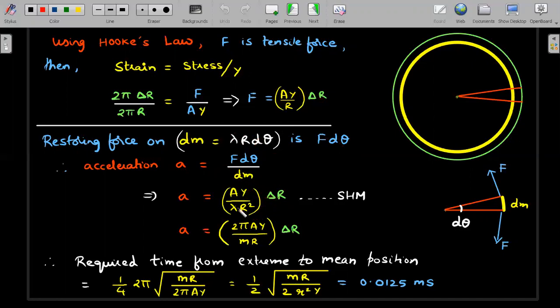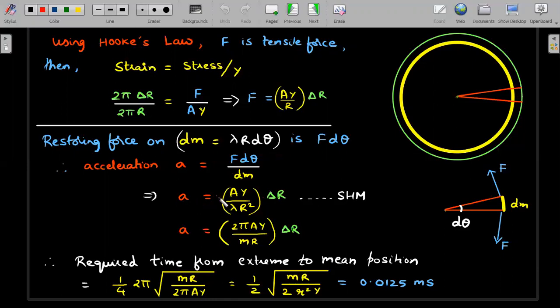Rearranging, you end up getting a equal to this number multiplied by delta r, where this delta r is the distance of this dm element from its equilibrium position. I have not put a minus sign because the acceleration is towards the center, whereas displacement is away. So this is a scalar equation that I have written. If you wrote it in vector form, you would have got a minus sign.